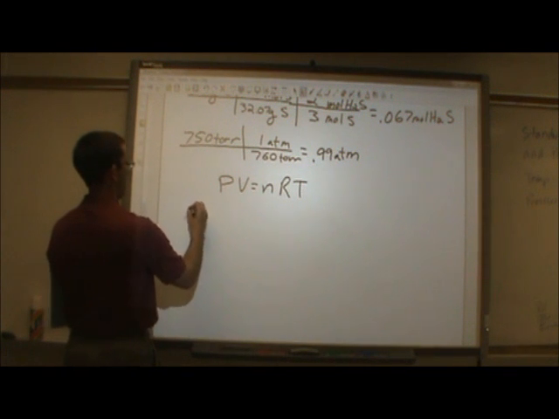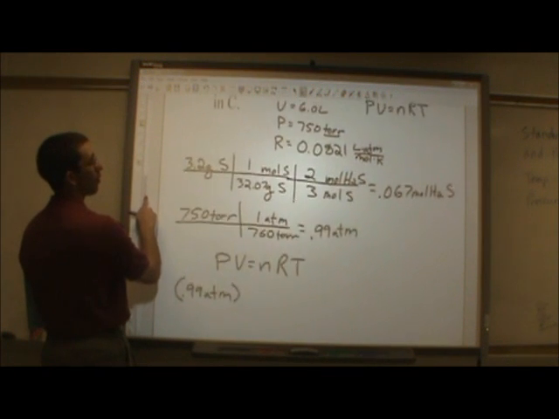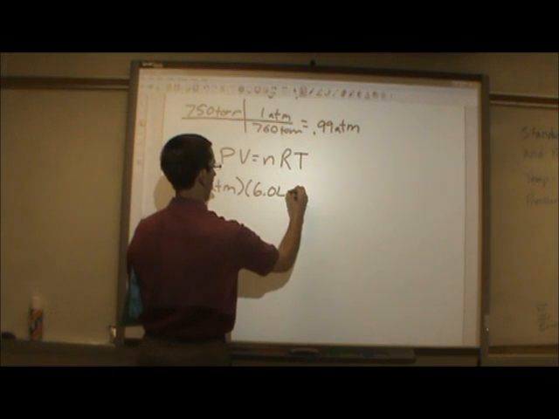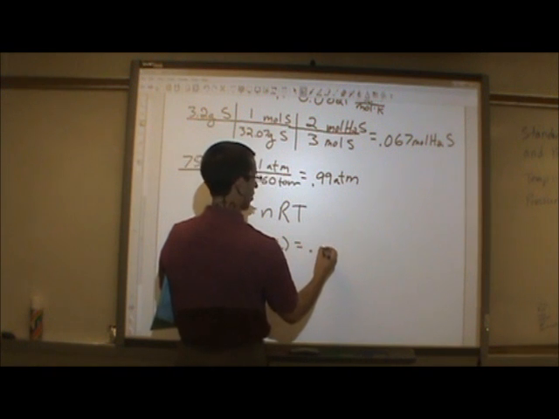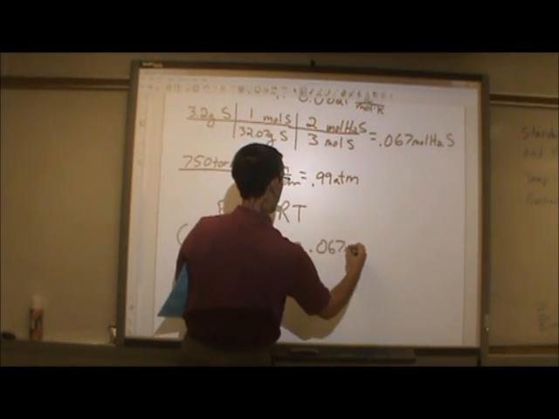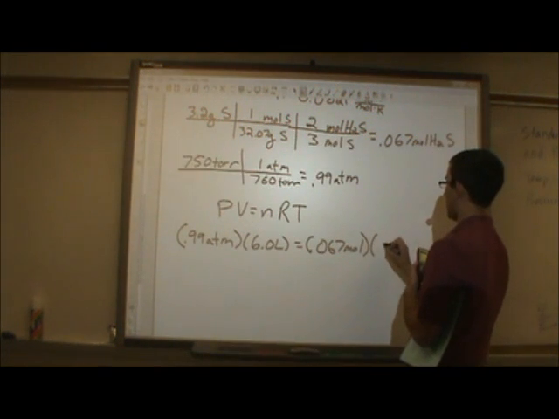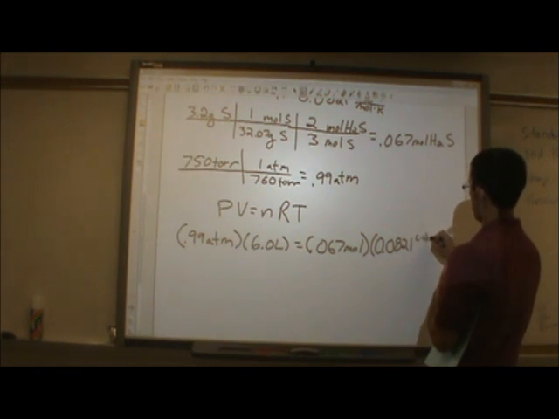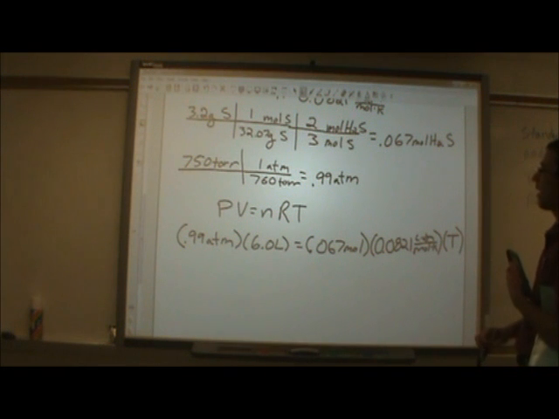Our pressure, 0.99 atmospheres, times our volume, which is 6.0 liters, is equal to n. n is 0.067 moles times R. R is that constant I'll always give you, 0.0821 liters atmospheres per mole Kelvin, times T. We don't know what T is, that's what we have to find.